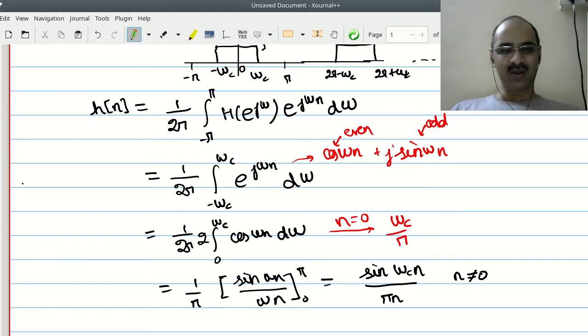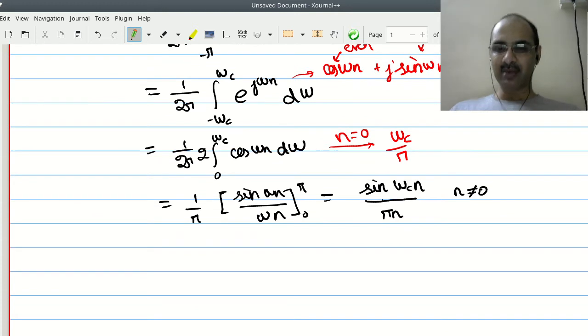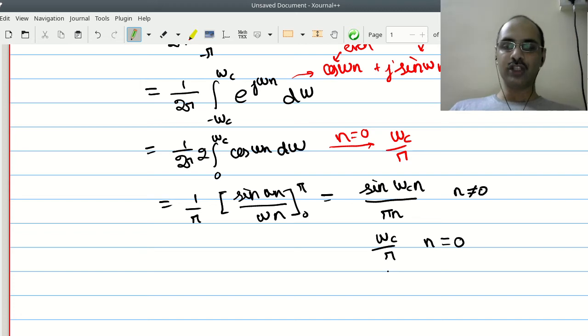You can also get that by manually substituting and taking the limits over here. So you can just write omega c upon pi when n is equal to 0. This is very common, which is why in some DSP textbooks and notes, they will just write this expression, and implicitly when n is 0 you have to take the limit or patch it up.